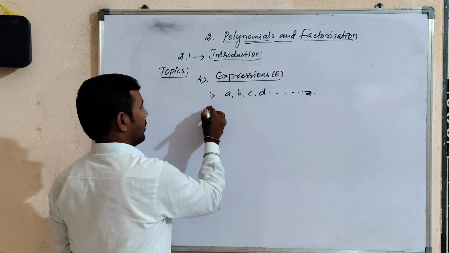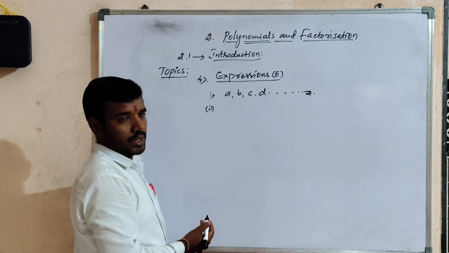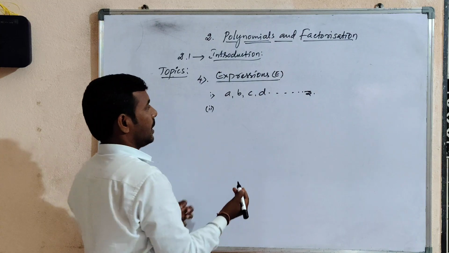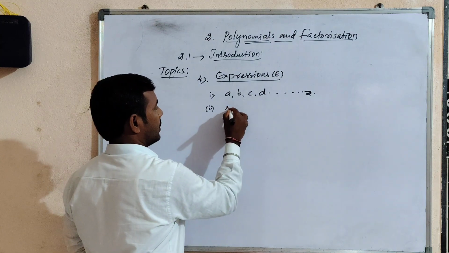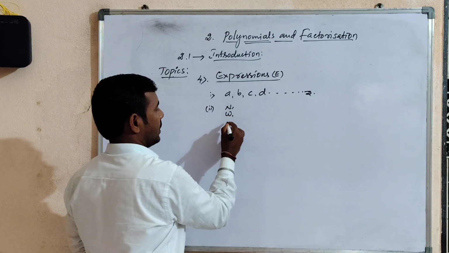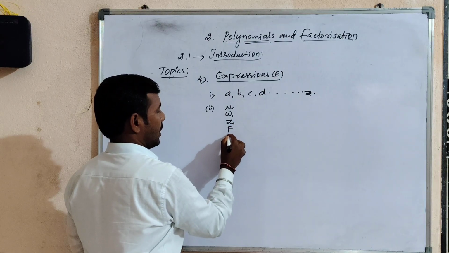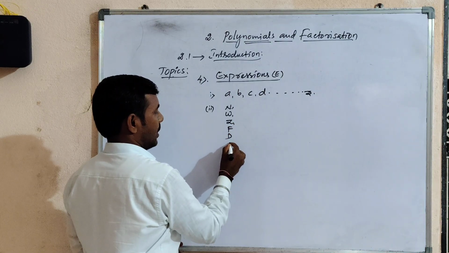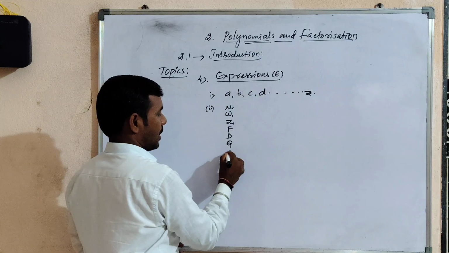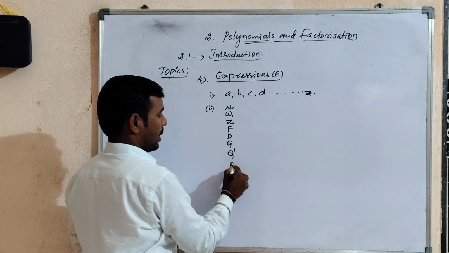Second round, all numerals. Under the numeral things, we can see natural numbers, whole numbers, integers, fractions, decimals, rationals, irrationals, real numbers.